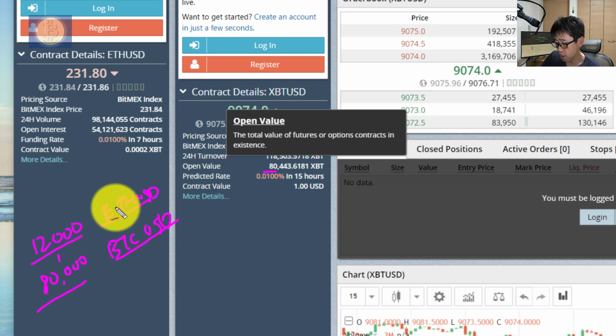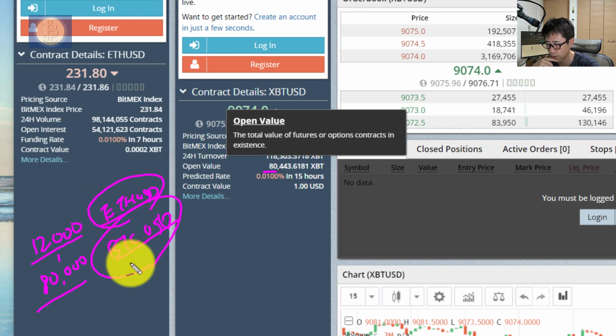And here's the thing: if you have 3,000 Bitcoins, which is a huge amount, and you want to manipulate the market, you have a choice. You can buy up the Bitcoin market using your 3,000 Bitcoin, or you can buy up the EtherUSD market with 3,000 of your holdings.